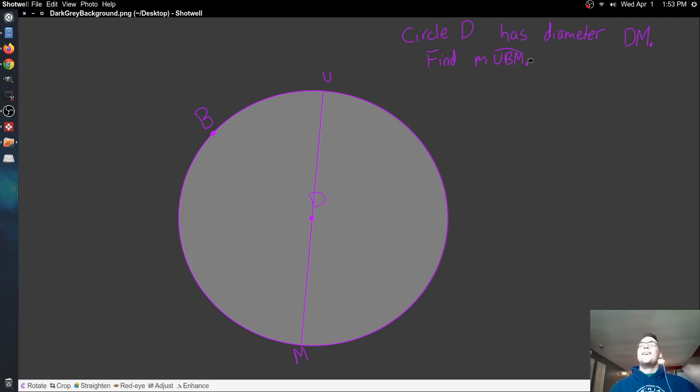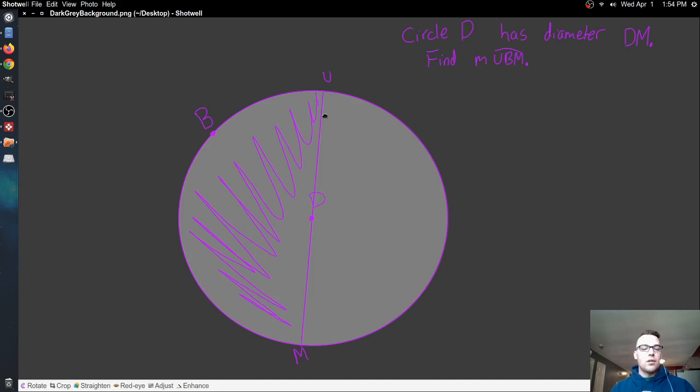So, if I want to know that, you might be sitting there saying, well, I don't have any other arc measures, angle measures in here. I'm stuck. Not quite. You know this thing's a diameter. So you know that this whole part over here, well, that's half of the circle, isn't it?